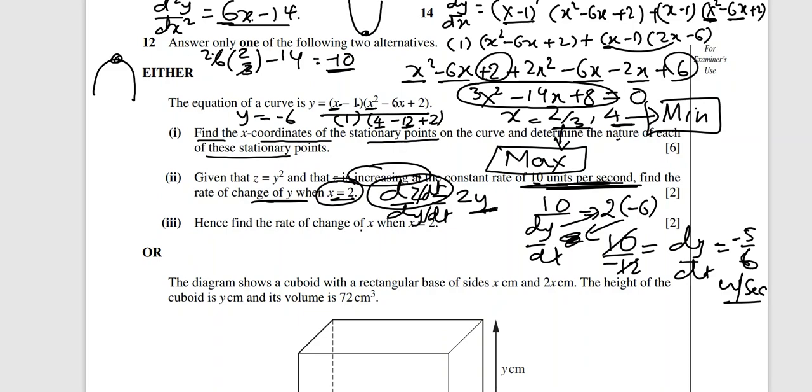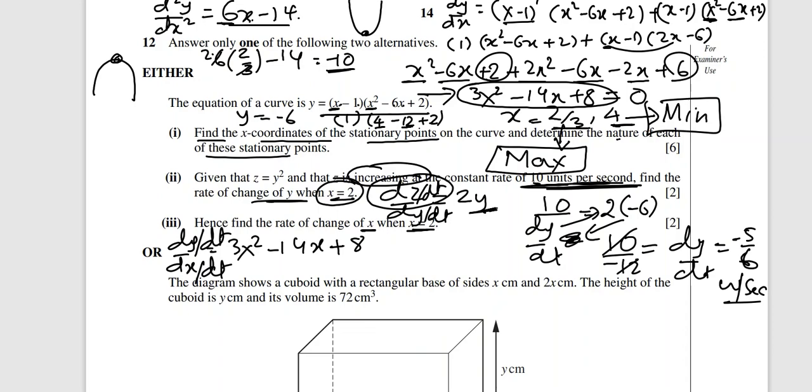Hence, find the rate of change in x when x is equal to 2. So dy over dx was this. Let me write it again. dy over dx was 3x squared minus 14x plus 8, right? Now, we will again put divided by dt here, divided by dt here.